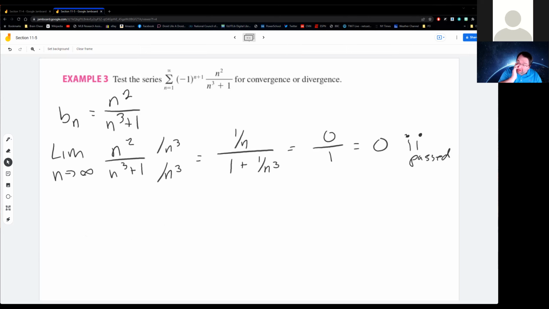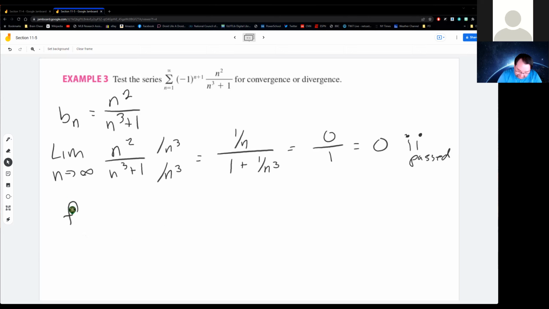What's the one way that we can always test to see if something decreases? What's the calculus way that we can determine the direction of a function, the slope of a function? First derivative. It's the derivatives. So we can take the derivative of this.